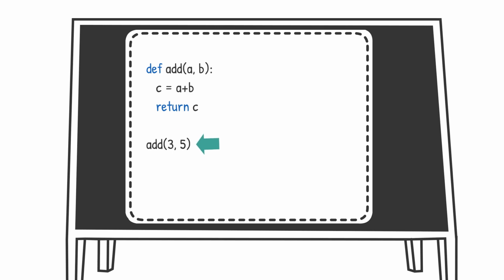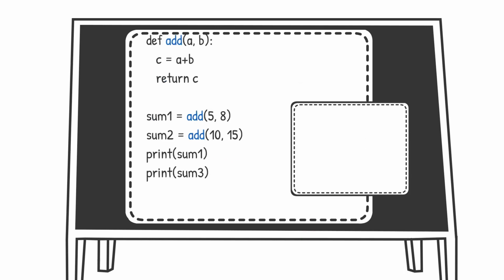Once the function is defined, we can call that function by sending in different input values. And here in this example, you see an invocation with 3 and 5 as the arguments being passed for this add function.